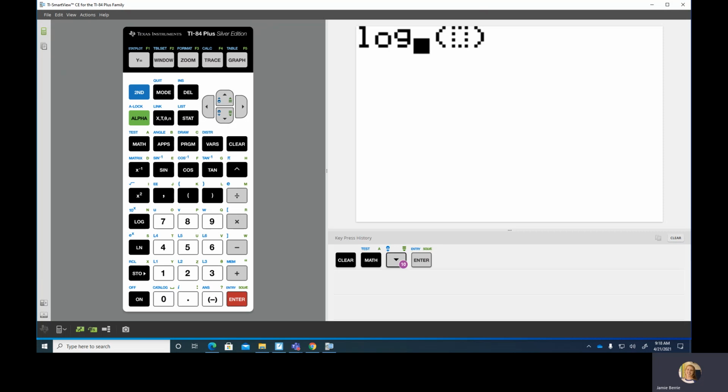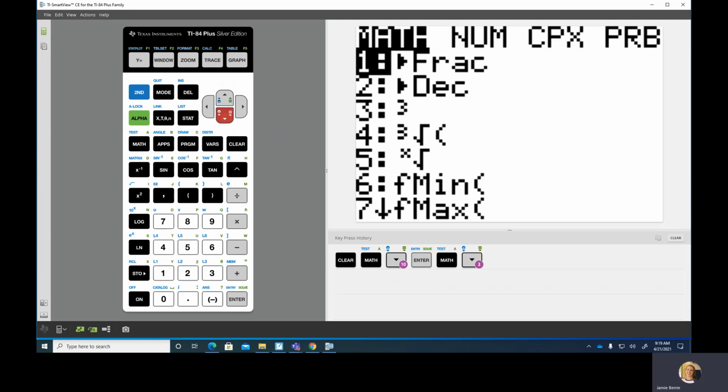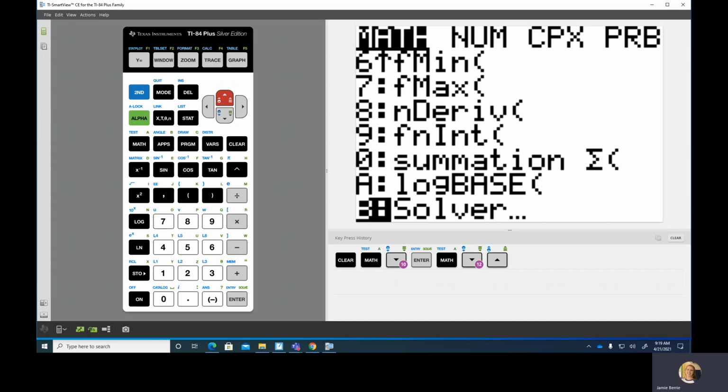So back when I was using the TI 83, you would have to use what's called the change of base formula, which I talk about in section 6.4, to evaluate logarithms with different bases. But if you have the TI 84, then you can use this button. So it's just math, and then you scroll way down. Yeah, there it is. Log base.